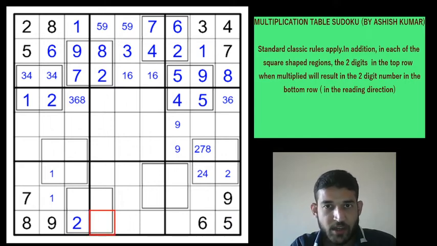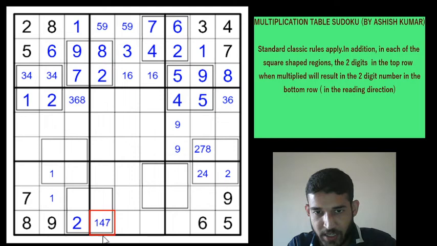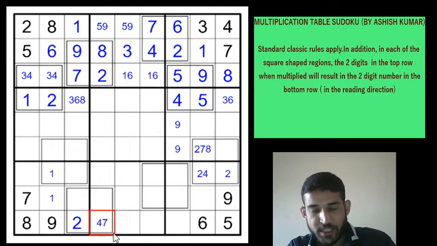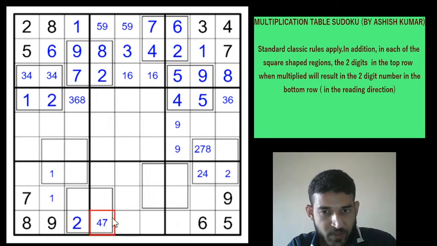So this will be 1, 3, 4 or 7 using classic rules. 3 is not possible because it's a prime number, so it will be 1, 4 or 7. Can you have the 1? Then you will have 21, which means that this will be 3 and 7 to get the product as 21, but 3, 7 is not possible. So this will be a 24 or 27. Can you have a 27?